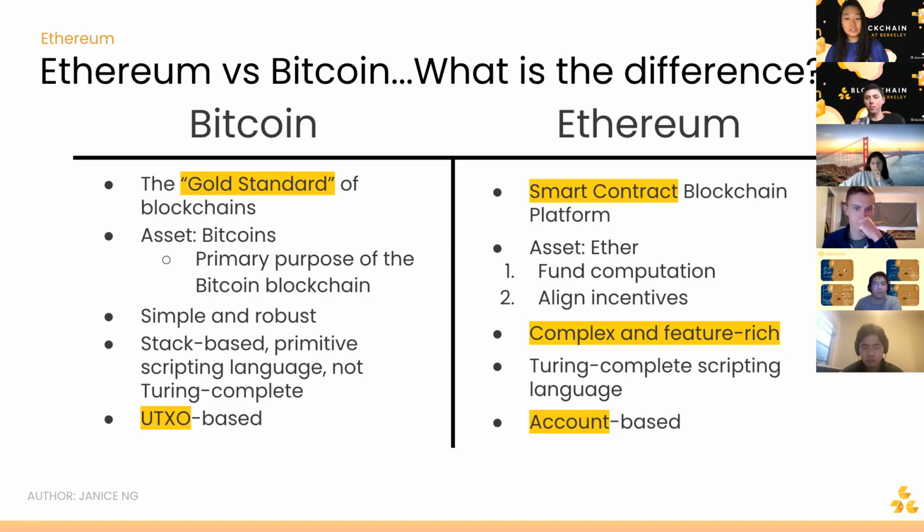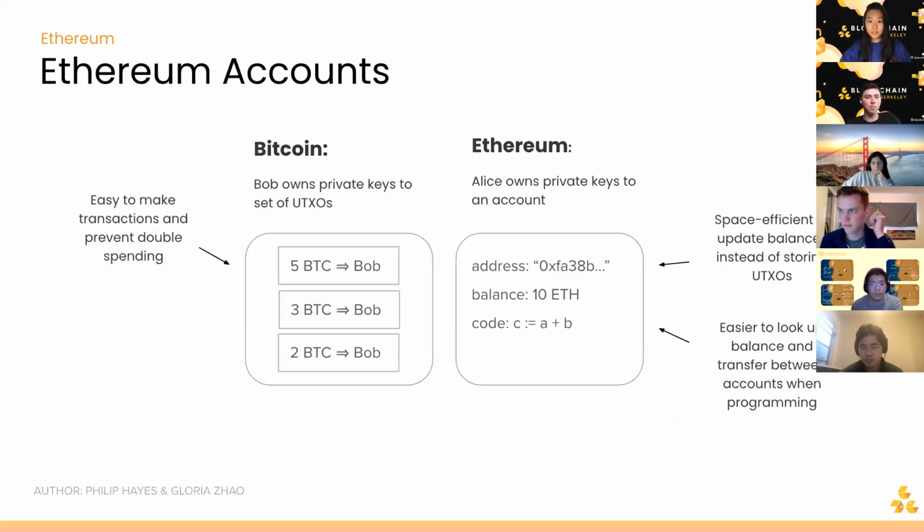And it is Turing complete, which means it's able to write a loop, which means it's more developer friendly and there are more applications that can be written. Okay, hopefully that's clear.